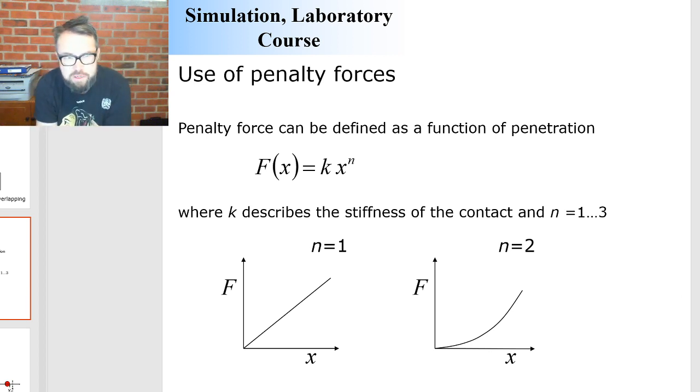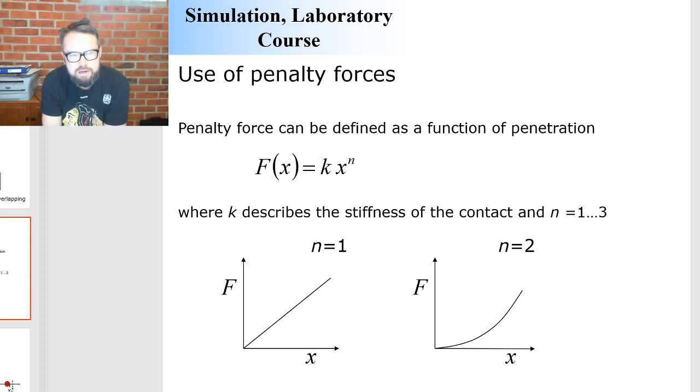So I was about to explain this penalty force method and how the penetration is raised to power n. Usually n is not 1, meaning that the penalty force with respect to penetration is not linear but progressive.